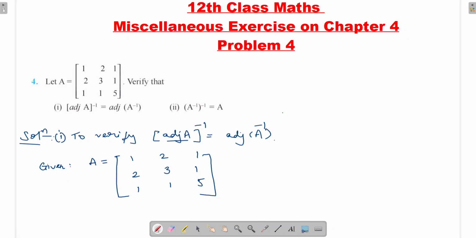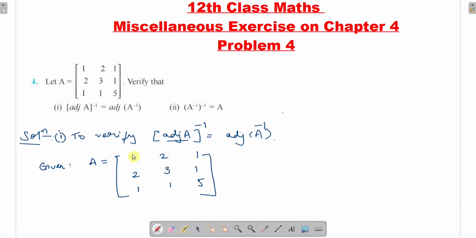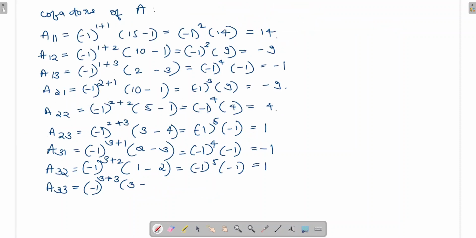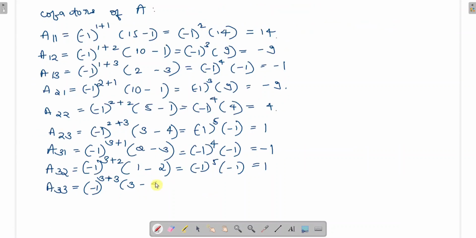So 1 times 1 is 1 minus 2 times 1, which is 2. So that is nothing but minus 1 raised to 5 times minus 1, which is 1. Then A33, so minus 1 raised to 3 plus 3, so 3 times 1 is 3, minus 2 times 2 is 4, so that is minus 1 raised to 6 times minus 1, which is minus 1.